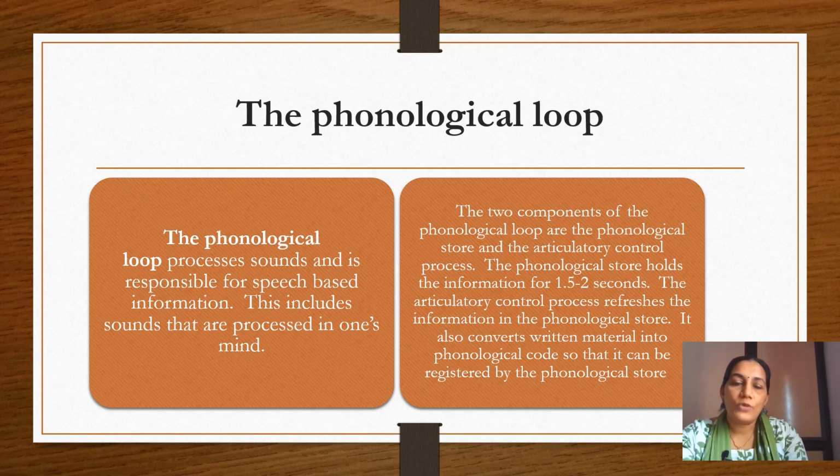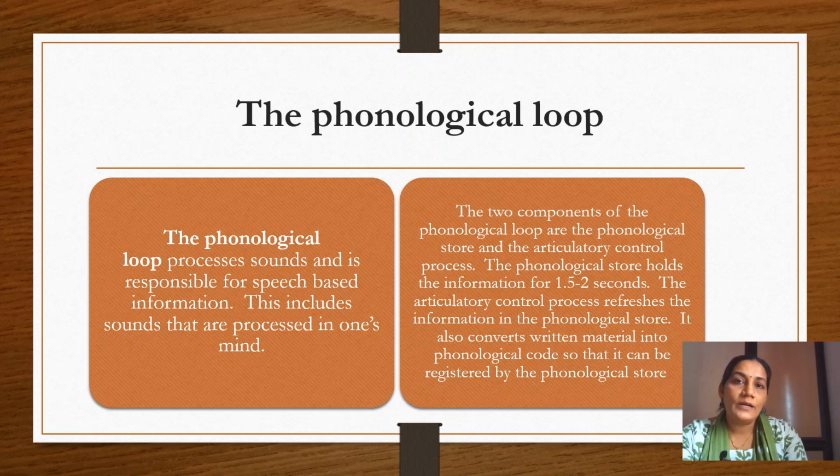For example, it is used in learning new vocabulary, solving a math problem, and remembering instructions. In all these tasks, sounds are processed through the phonological loop. There are two subcomponents of the phonological loop: the phonological store and the articulatory control process.